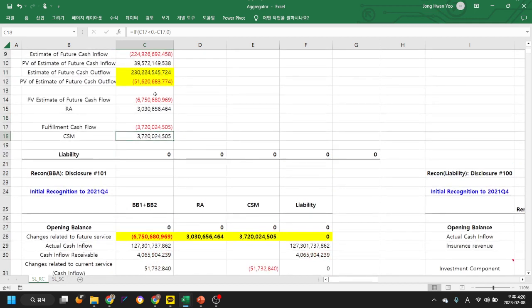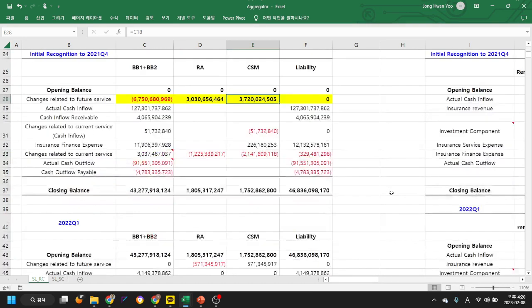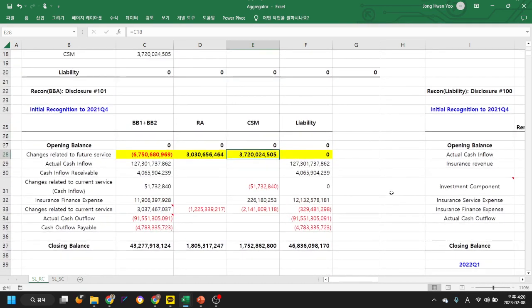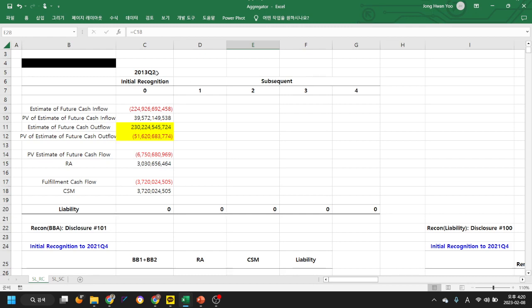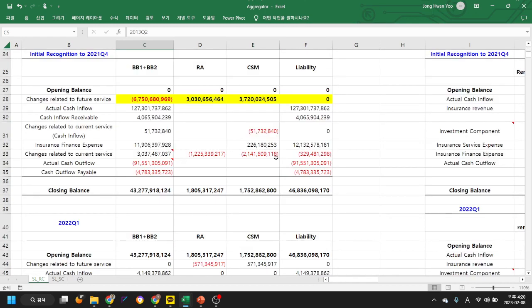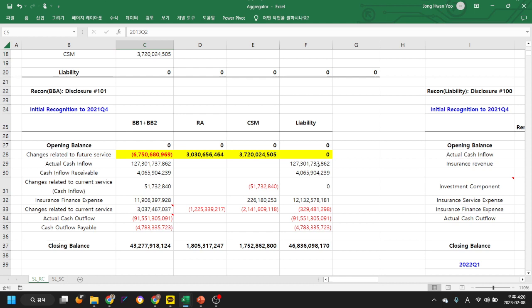This one is the summation of building block 1 and 2, and then RA is building block 3, and the initial CSM is here. That's when I measure at 2013 second quarter, and I'm trying to transfer all the way up to 2021 December 31st.